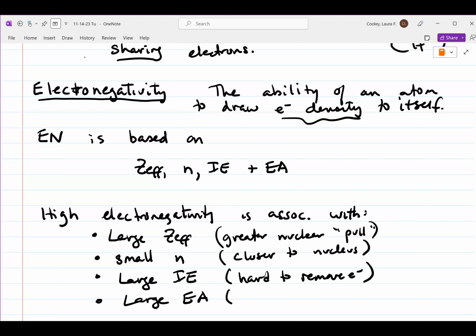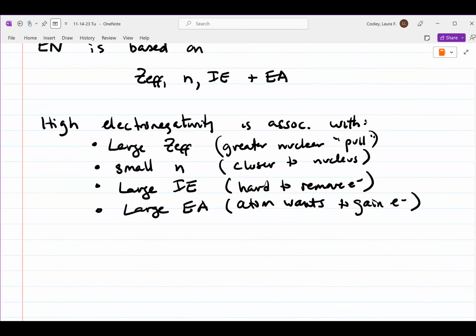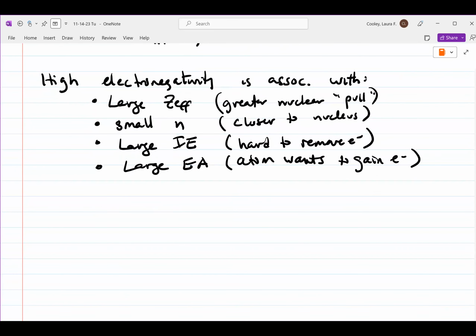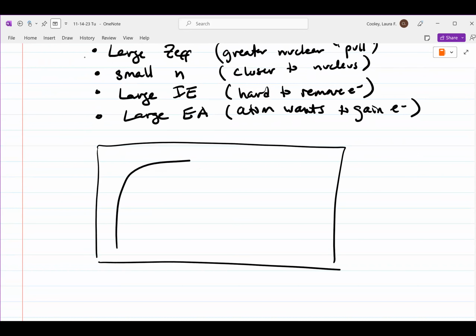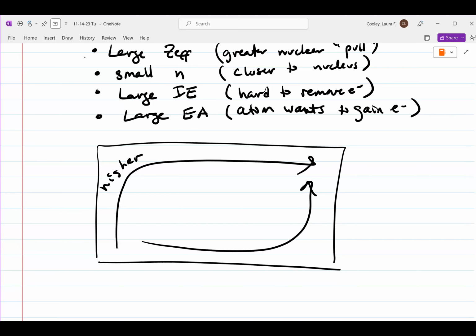Large electron affinity means an atom wants to gain electrons because it increases stability and releases a lot of energy. So electronegativity is based on all these things we've talked about. If you think about our periodic table and these arrows in this direction, this is going toward larger ionization energy, larger electron affinity, higher electronegativity.